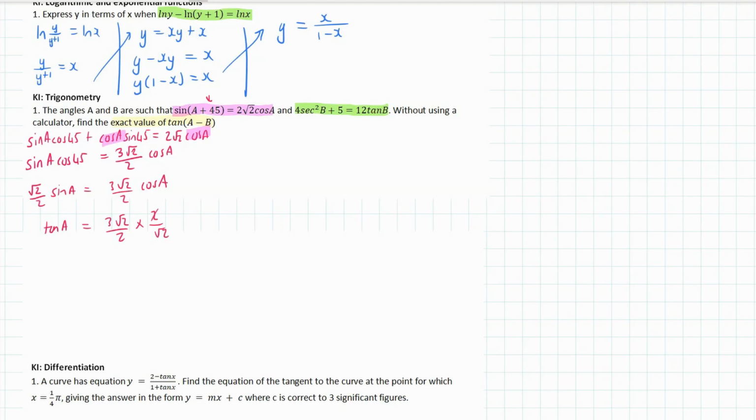I can cancel, and so I should get tan A equals 3. Okay, so I've done the pink bit here. Now let's see how we go with this green bit.